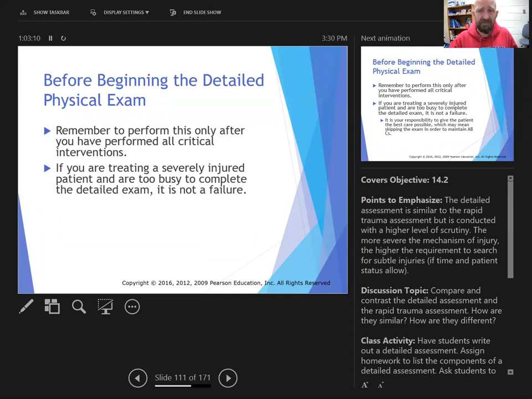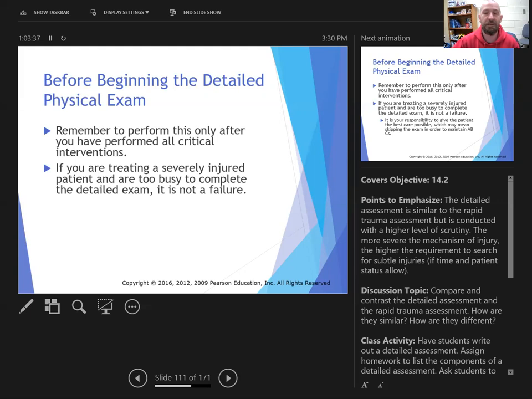Like I said, if we can get this done, it's appropriate. If it's not appropriate to get it done because of time constraints, because of the nature of the injuries or what's going on with the patient, the manpower that's available to you at that time may not be adequate to complete treatments for the patient and then get the detailed assessment done.